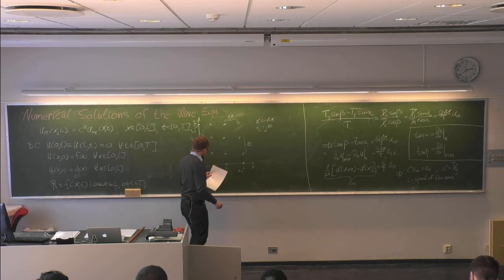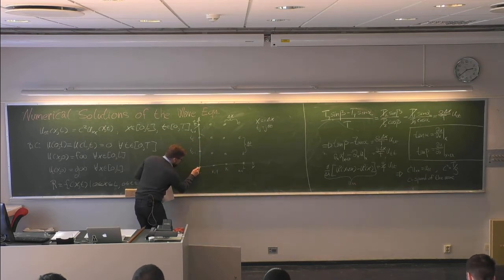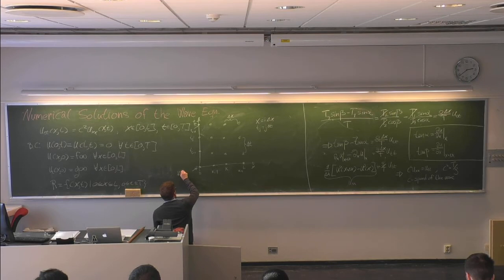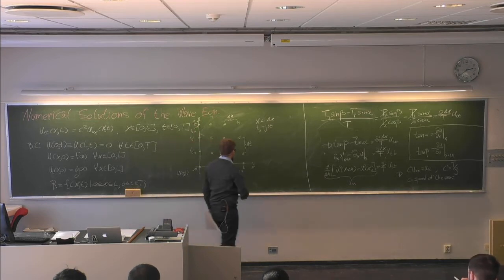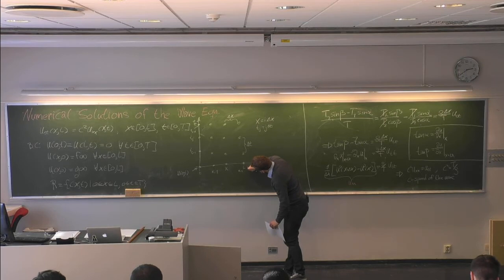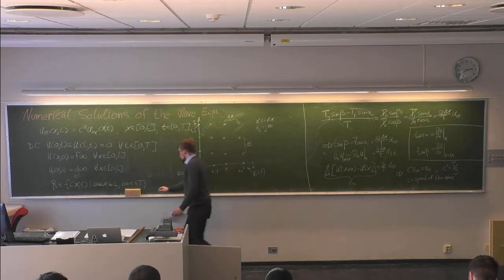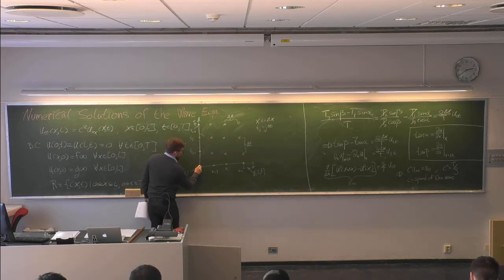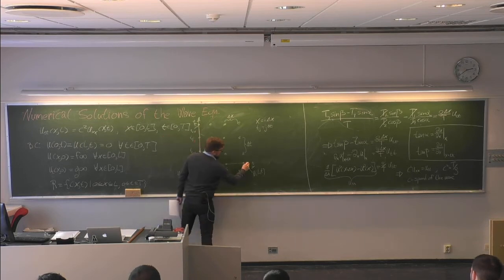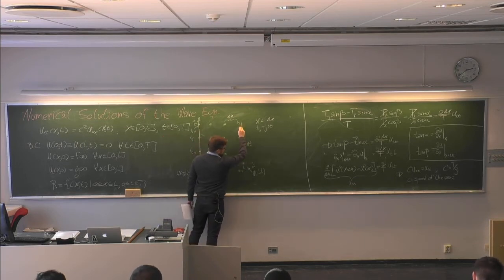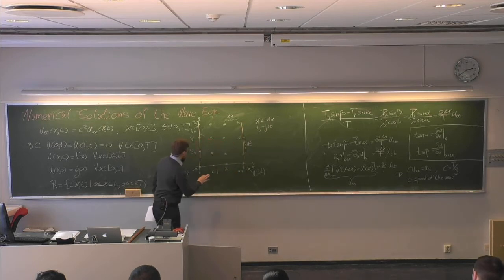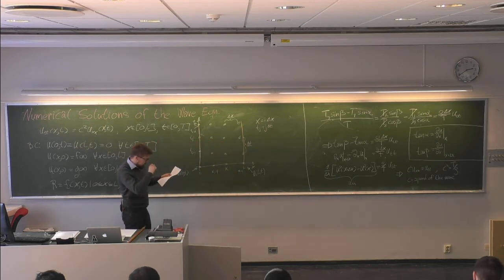And then the point over here will be u of 0, t, going all the way up here, and this will be the boundary condition u of L, t. So here you have one boundary condition, and here you have the other. It's kind of crooked, but I guess you get the picture.